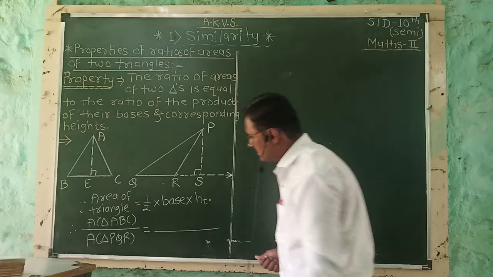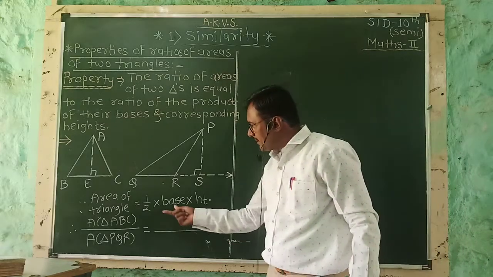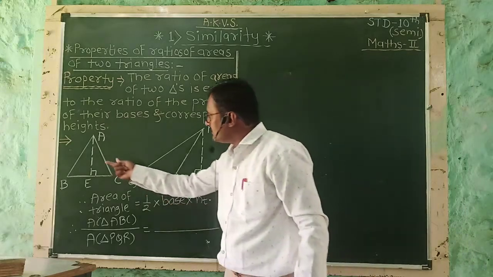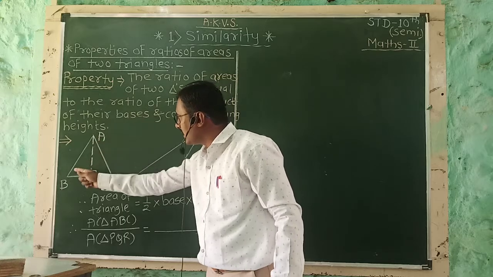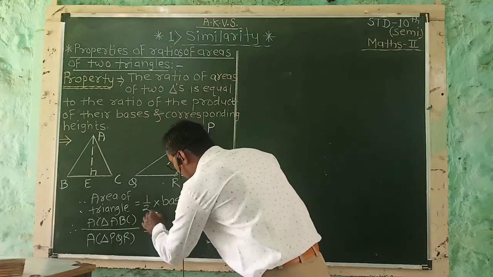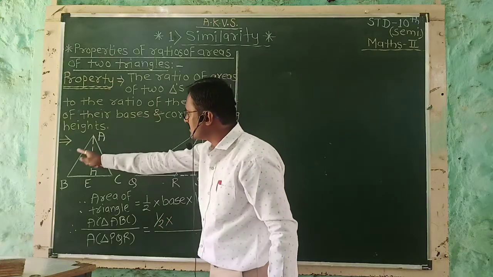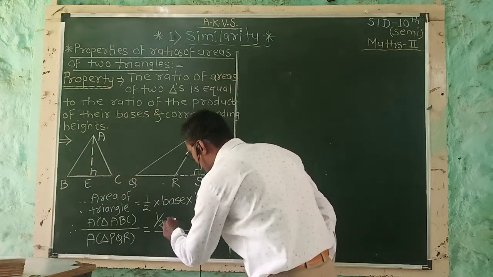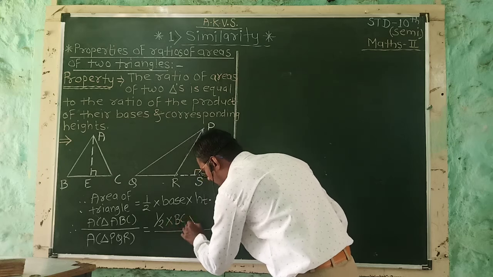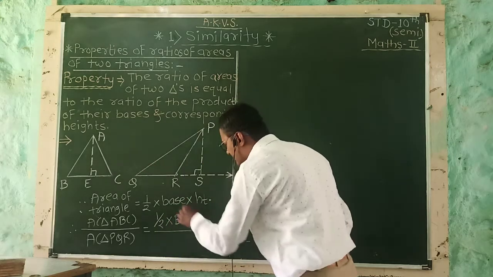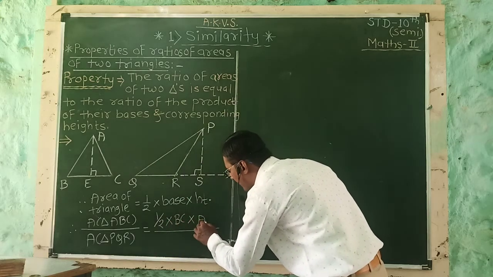So, using the formula to calculate the area of triangle ABC, we have 1/2 base, where we consider the base as side BC, and the related height is AE.